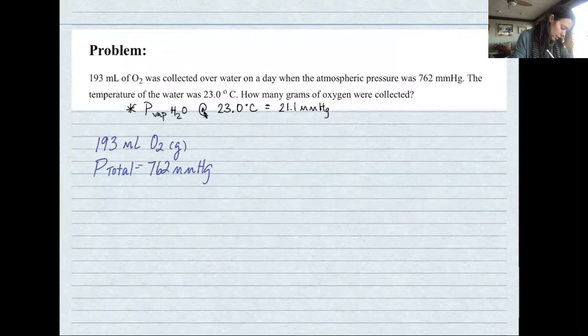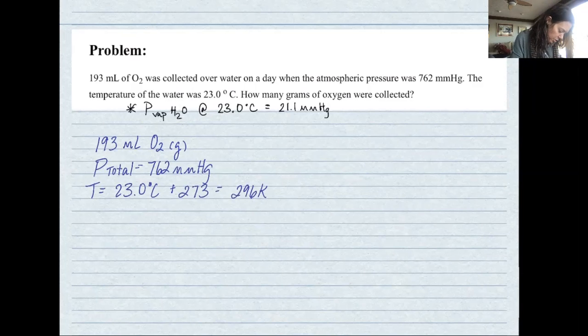The temperature of the water is 23.0 degrees Celsius. The reason we need to know that, for one, is to know the vapor pressure at that temperature. So let's go ahead and add 273. That's 296 kelvins.